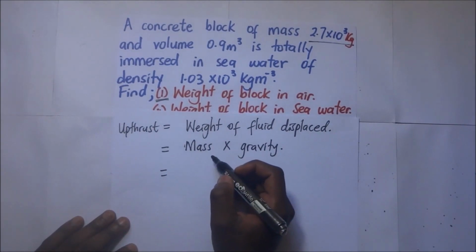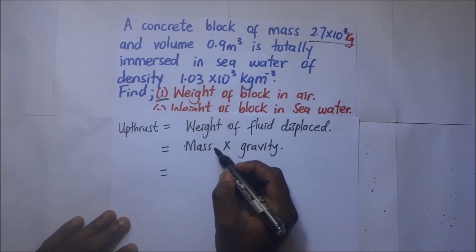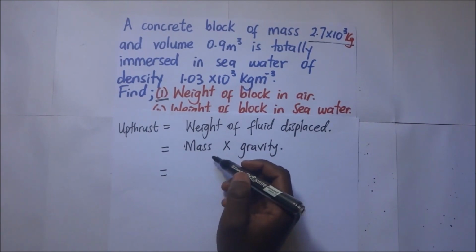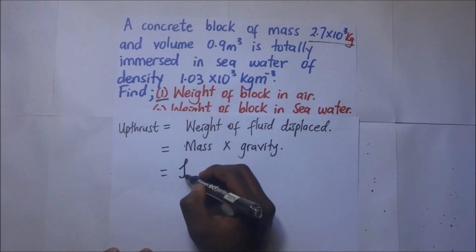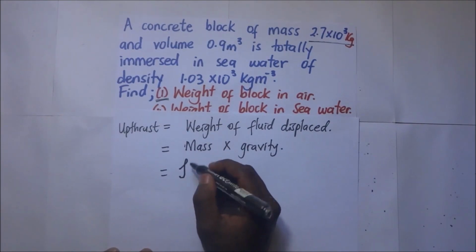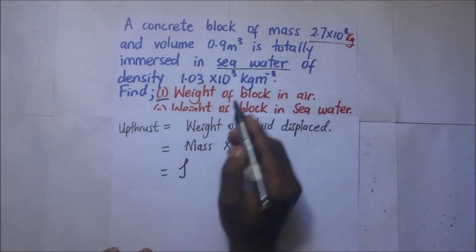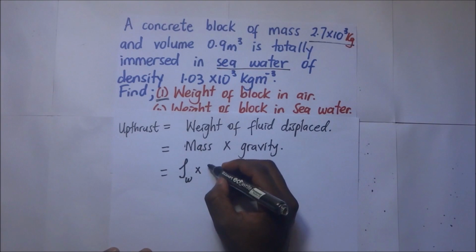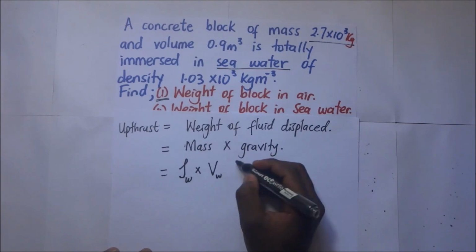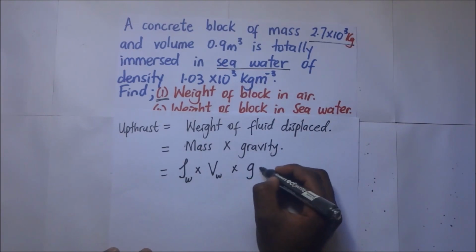The mass of the fluid that has been displaced. Of course, we do not know the mass of the fluid that has been displaced, but mass is given by density times volume.